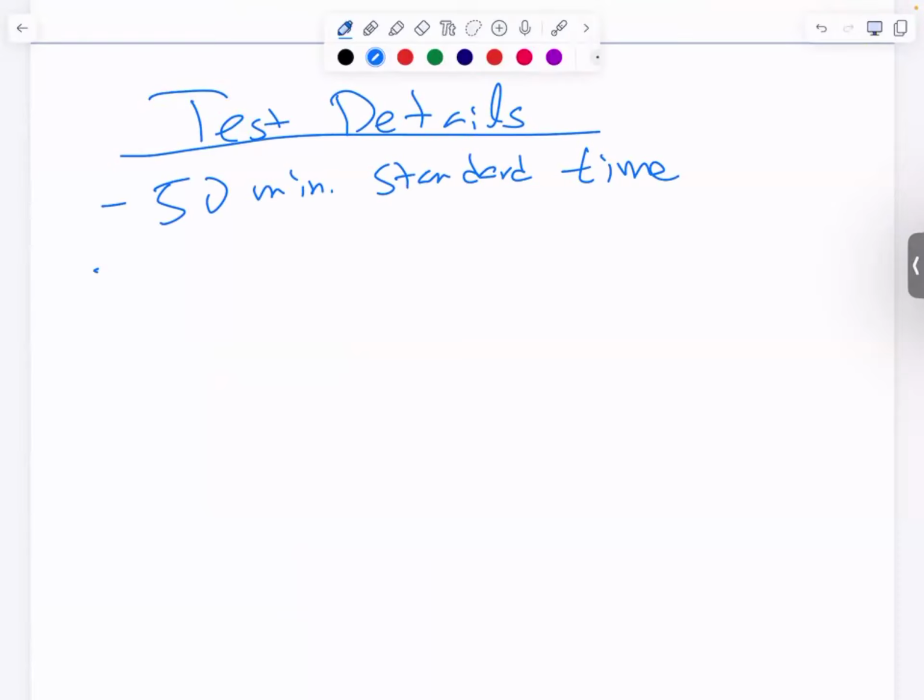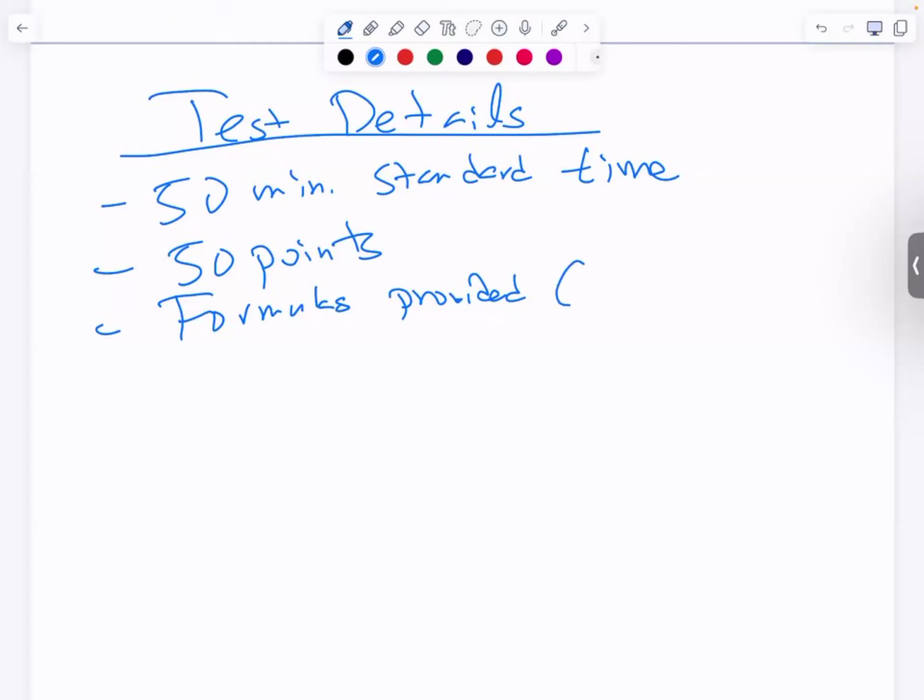It's going to be 50 points. So a point per minute, that makes sense. Formulas provided, all of them. Calculator allowed.